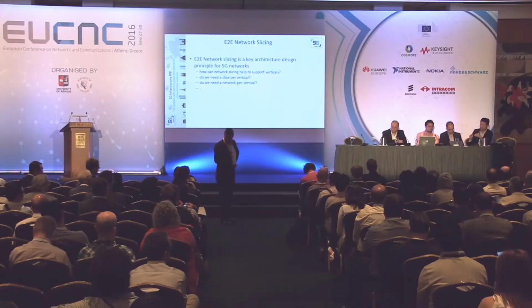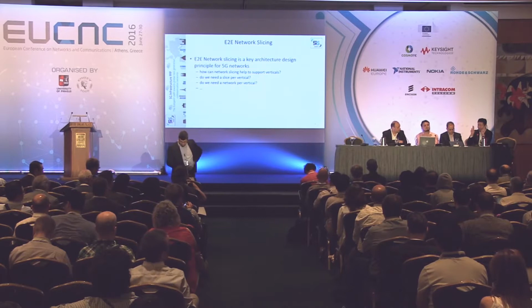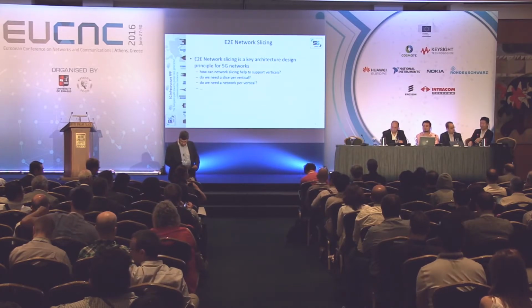If it is per vertical, the same number as the verticals. I don't want to sound like I'm avoiding the answer, but I think this is true. You have to have an application use case, or application of the technology, and then you get answers, I think.